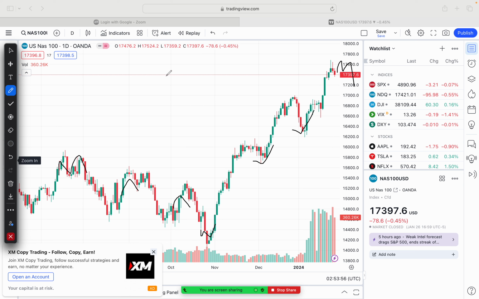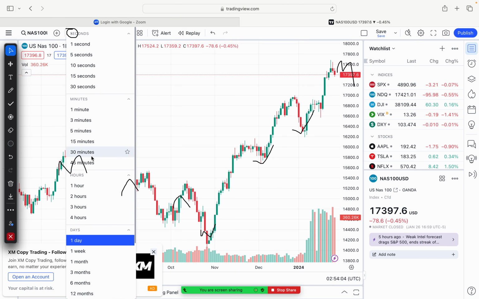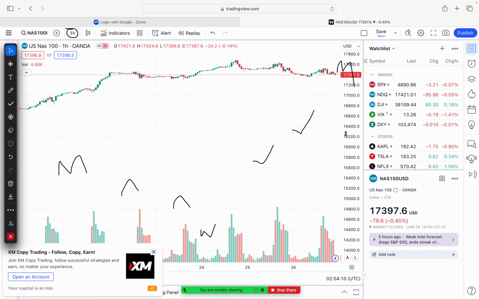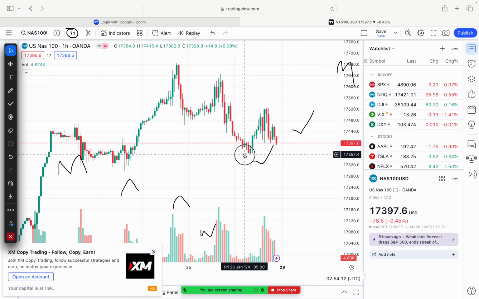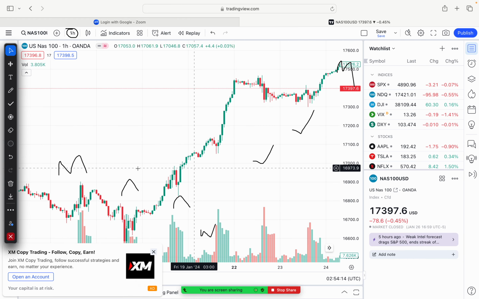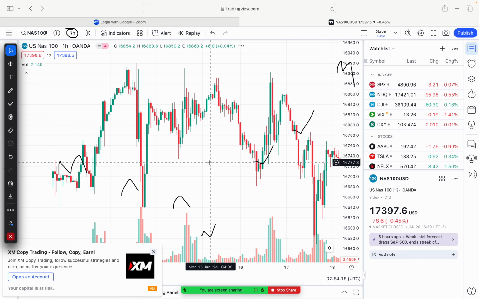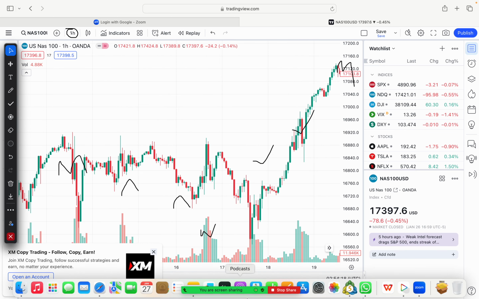So I zoom in onto the smaller time frames, and for this I'm just going to use MetaTrader. We could use TradingView, but this is why I want to use MetaTrader.